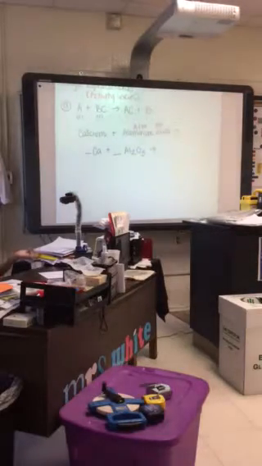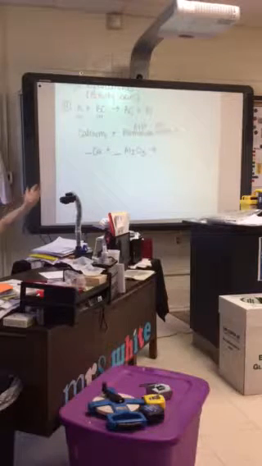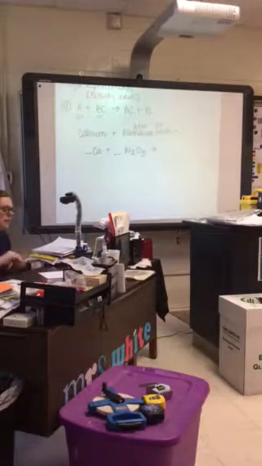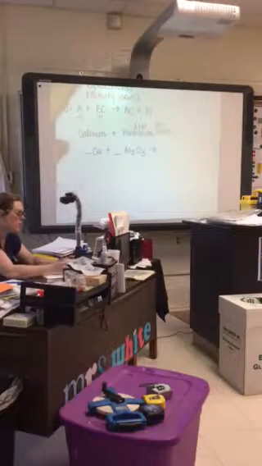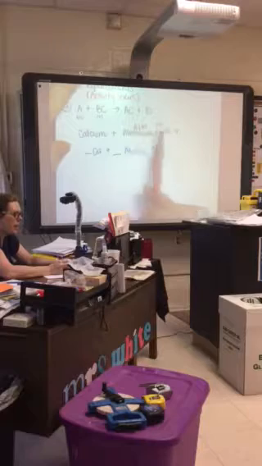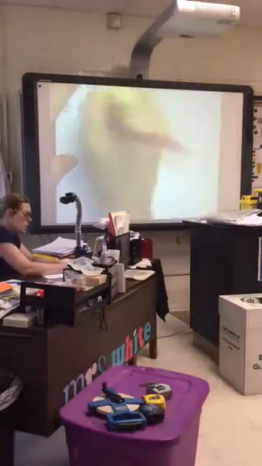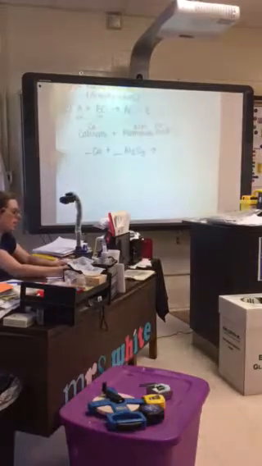Alright, so now what I want to do is figure out A and C and B. One of the easy ways to do this is to have your pieces, I like to write them right above the elements. So let's go ahead and fill calcium in while we've got it.